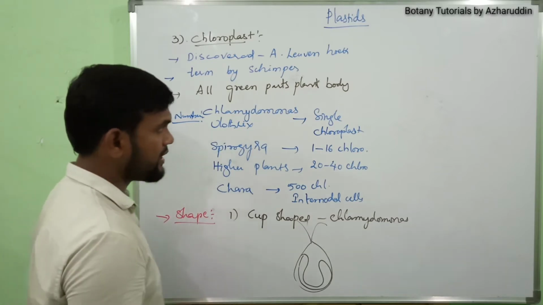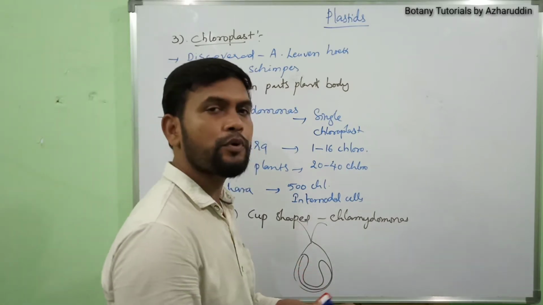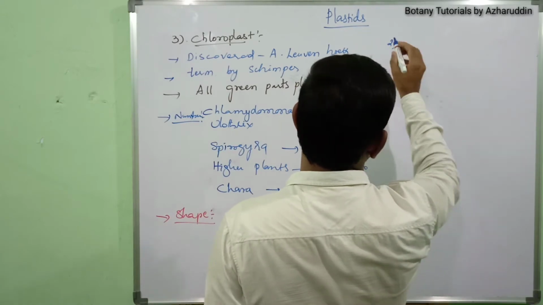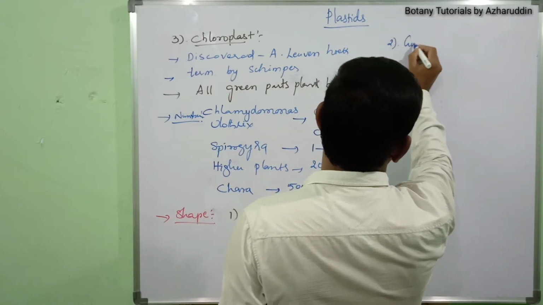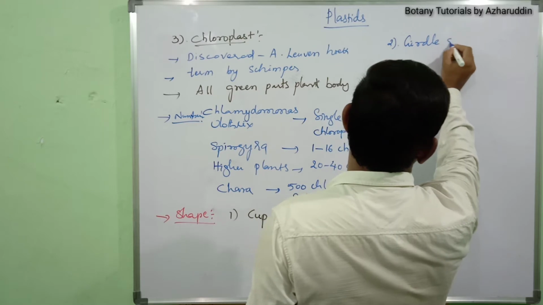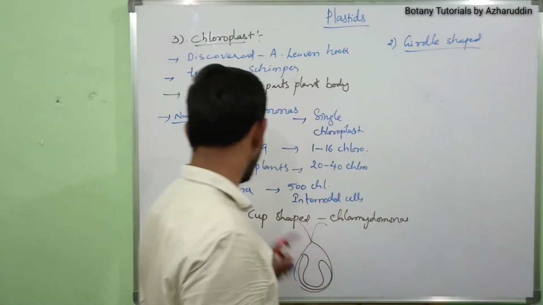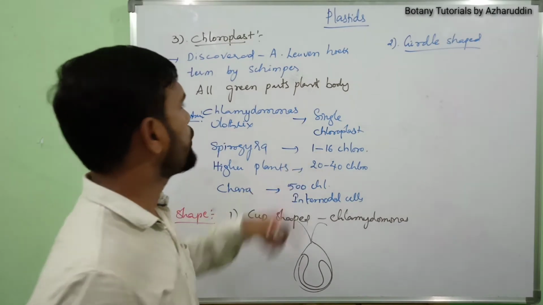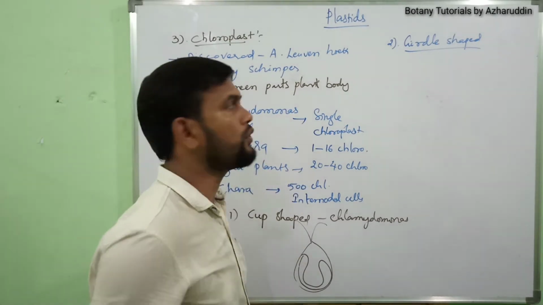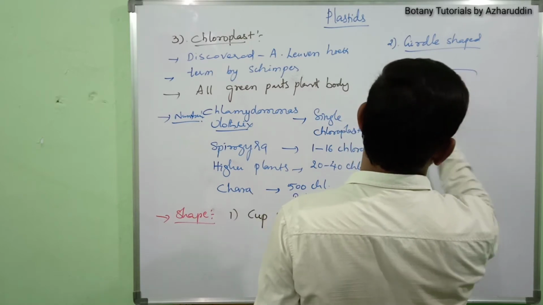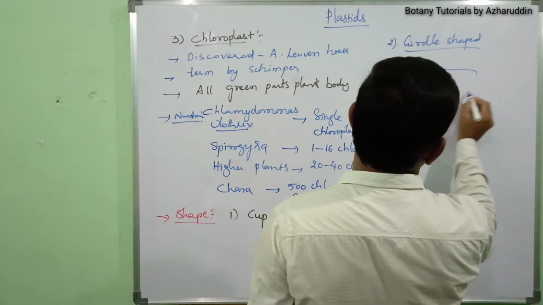Next, the second type is the girdle-shaped chloroplast. Girdle-shaped chloroplasts are found in Ulothrix. For example, this is a cell.